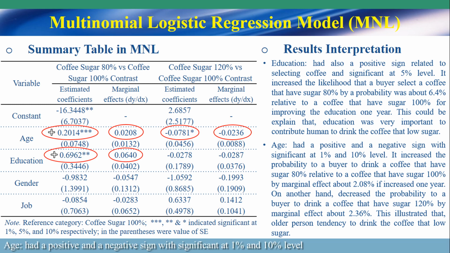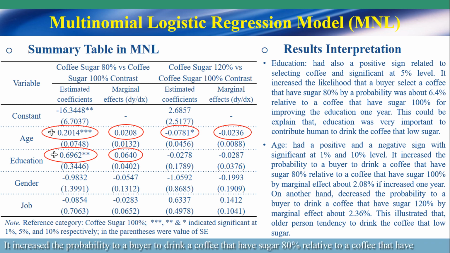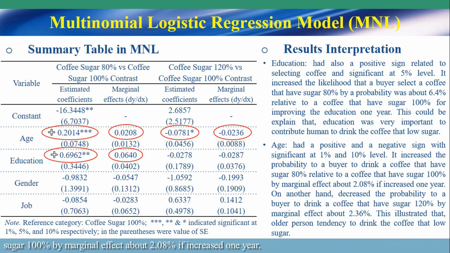It had a positive and a negative sign with significance at 1% and 10% level. It increased the probability that a buyer drinks a coffee that has sugar 80% relative to a coffee that has sugar 100% by a marginal effect of about 2.08% per 1 year increase.